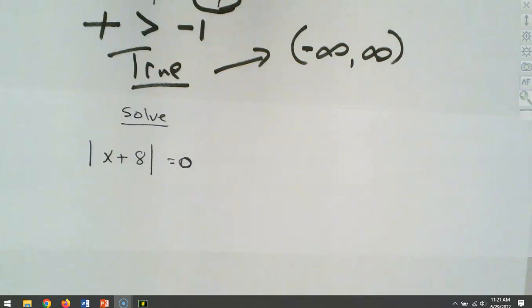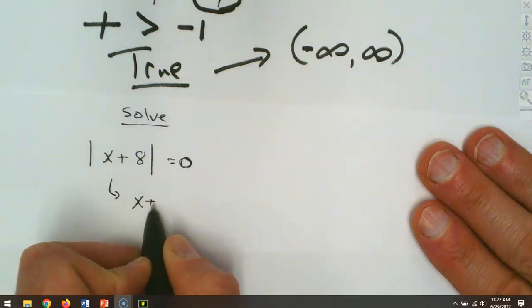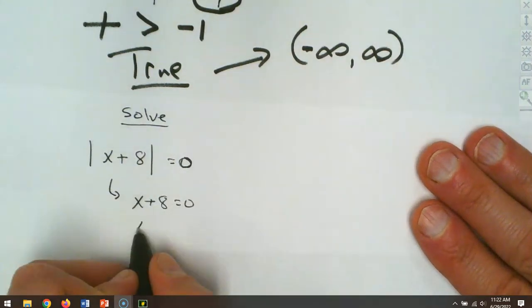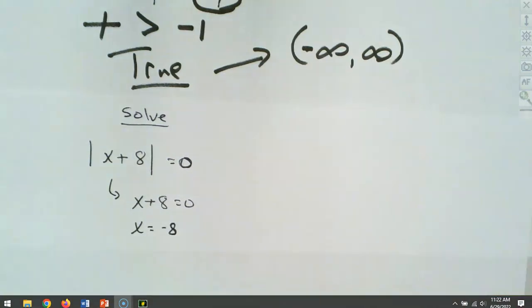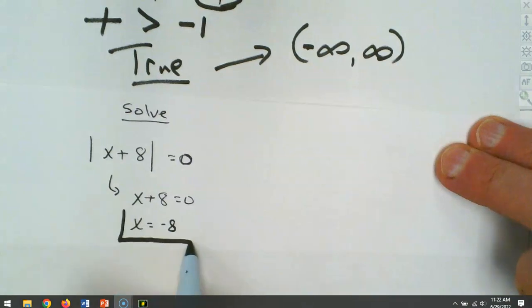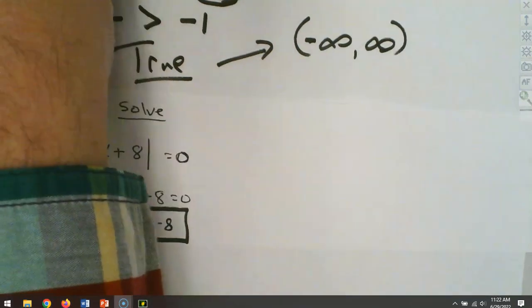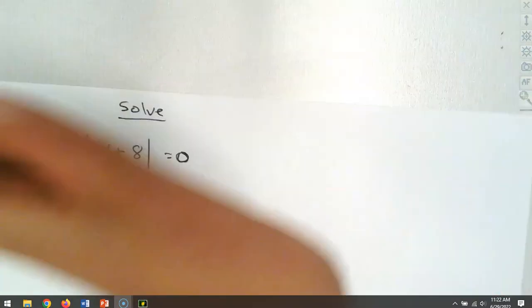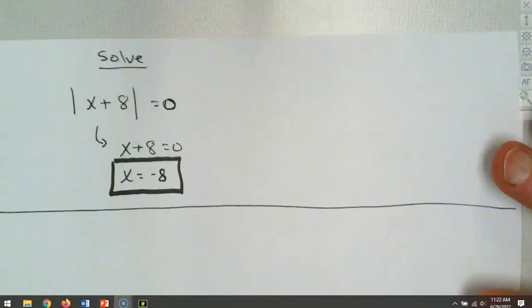So if I say solve this absolute value equal to 0, then what are you going to get? Only one equation, right? Because you can't have a negative 0. So this would then just simply be x plus 8 equals 0, and so x equals then a negative 8. Right? So when it's an equals, we don't have to graph it, and you're only going to get one solution because of the 0. Now, if it happens to be an inequality, then you still have to check it and see if it's true or if it's false.